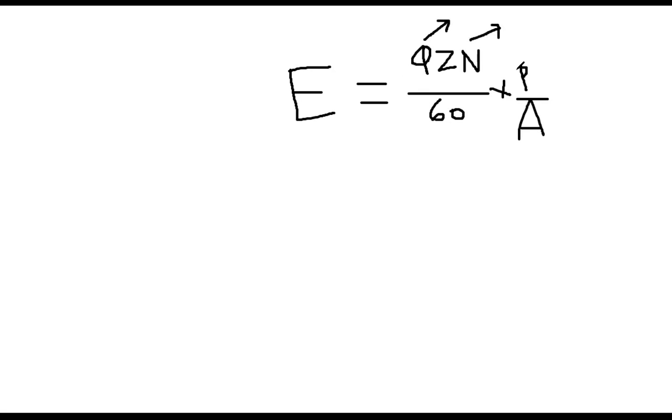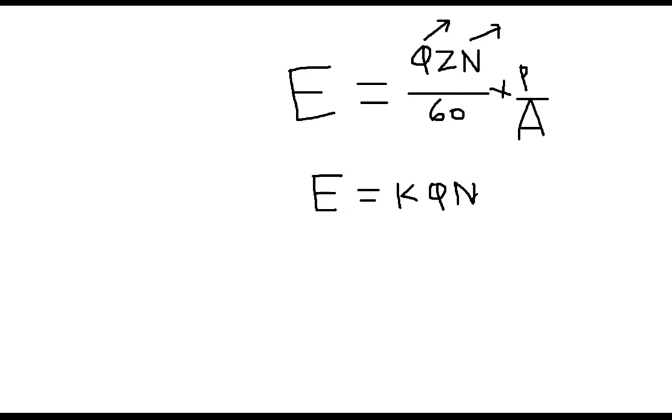The remaining things are constant: this is number of conductors, this is poles, this is parallel paths. So you can write E equals K phi N, expressing it in that way.